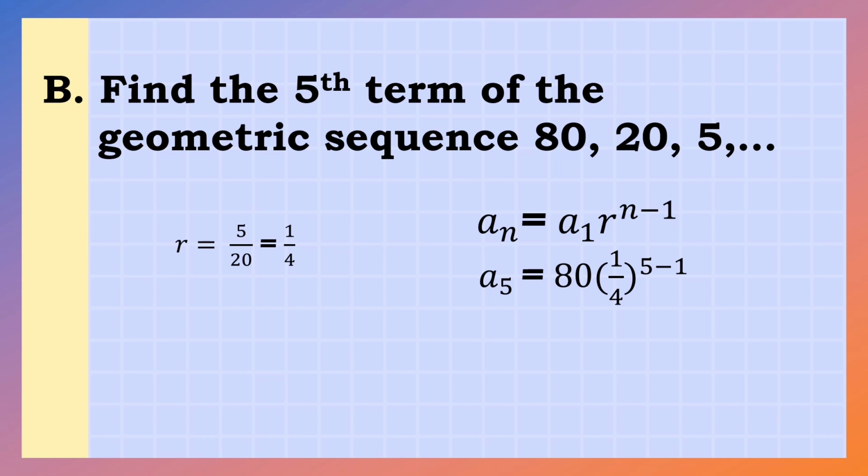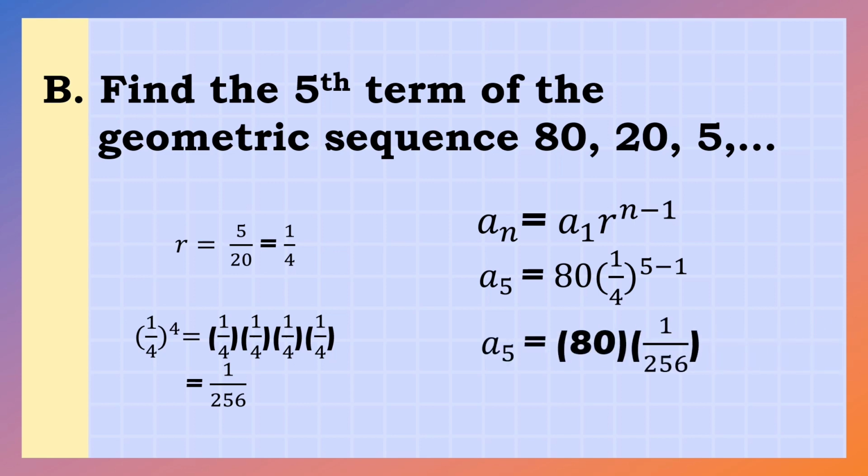1/4 raised to 4 means you will multiply 1/4 four times by itself. 1/4 times 1/4 times 1/4 times 1/4, and that is 1/256.